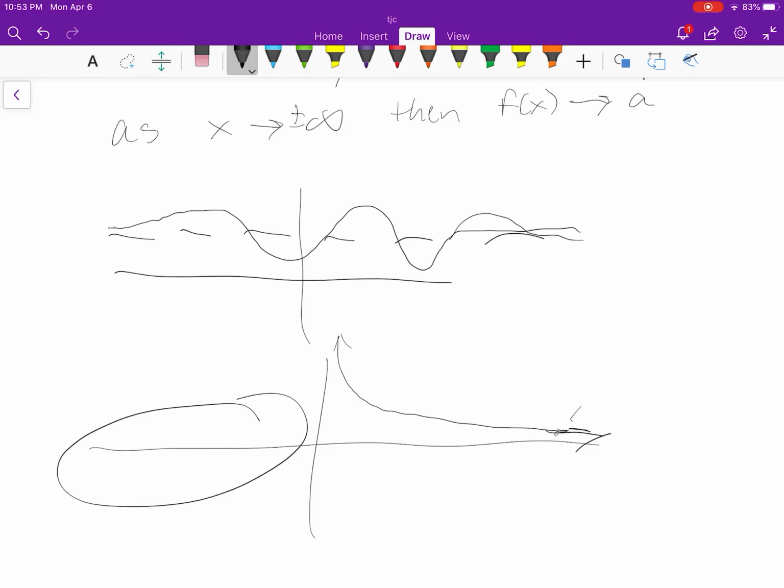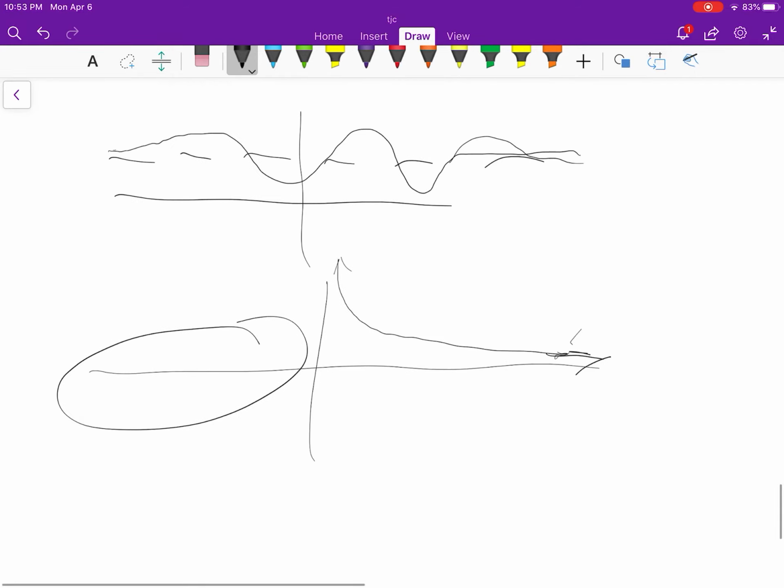That's one thing. The other thing with horizontal asymptotes is if you have one, you're only going to have one. You're not going to have more than one. Verticals, you could have as many vertical asymptotes as you want. With horizontal asymptotes, you don't always have one, but if you do, you only have one.